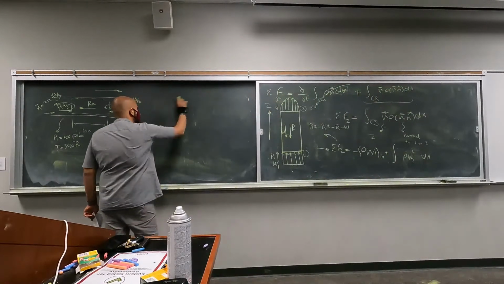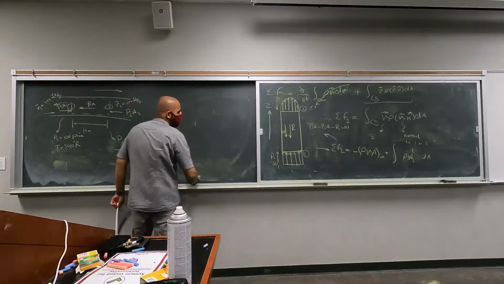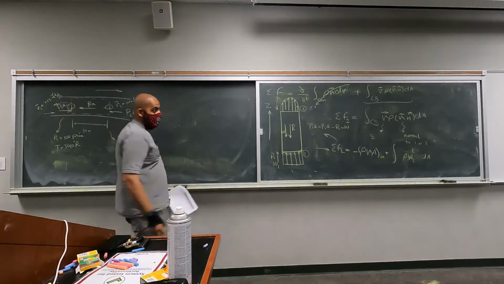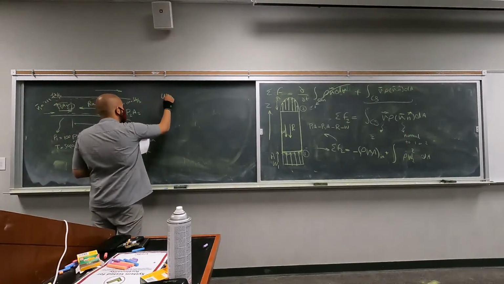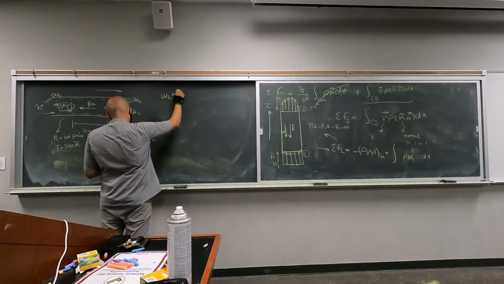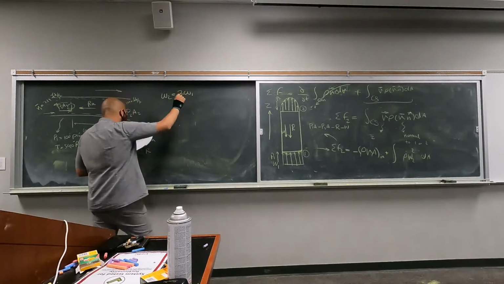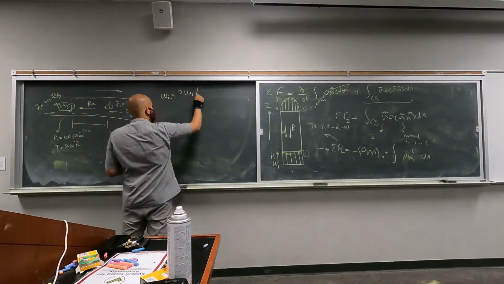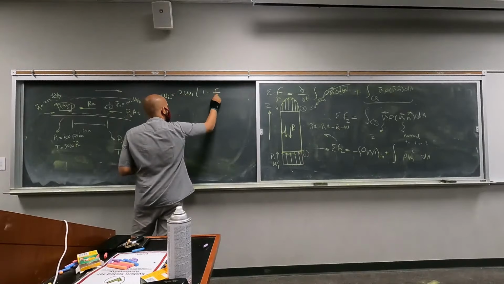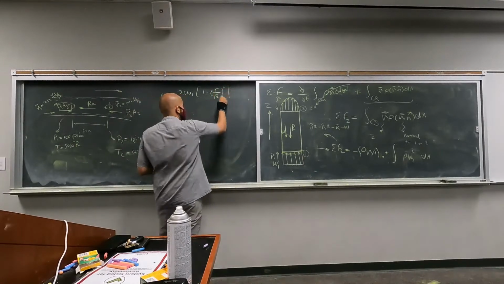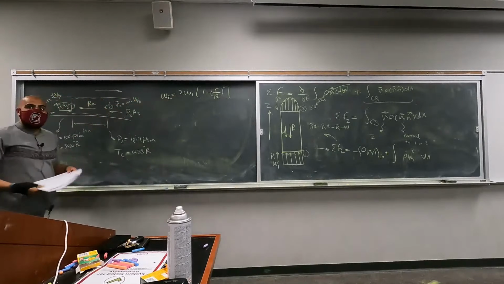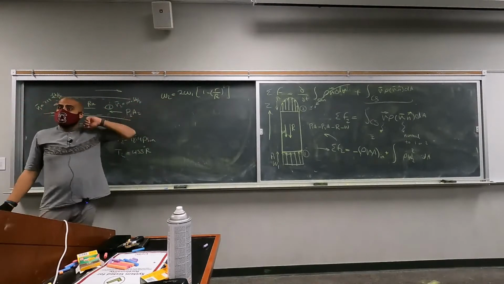But the thing that I want to focus on is that integral, the velocity distribution. W2 is equal to 2 W1 times (1 minus r squared divided by R squared). If you recall, we had this distribution in the previous lecture as well.